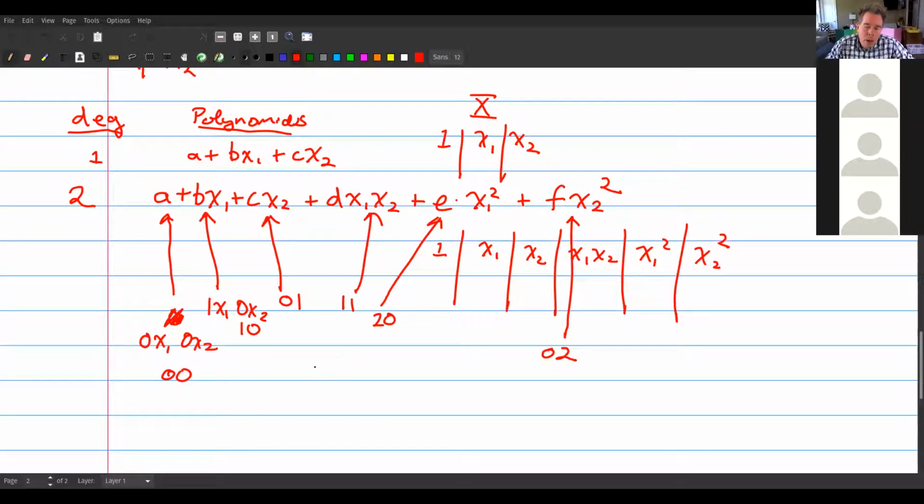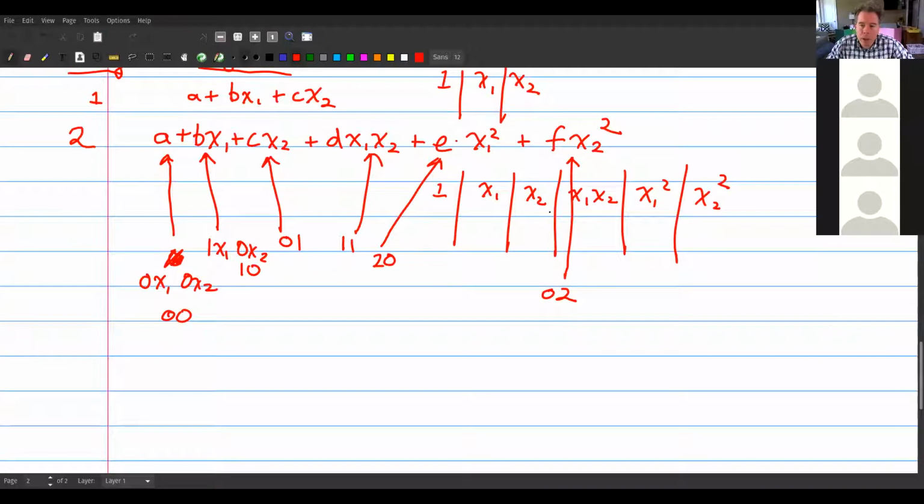I can't come up with a formula off the top of my head, but can you help me characterize what's happening here? So you want to pick two numbers in the range 0, 1, 2.